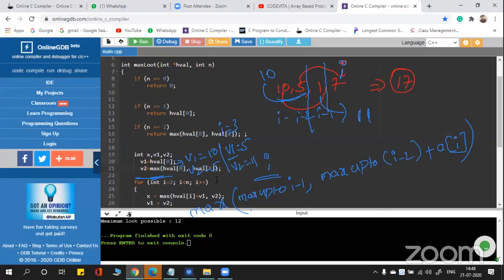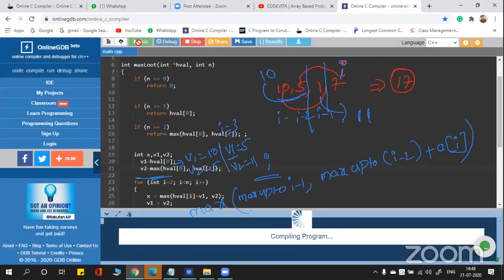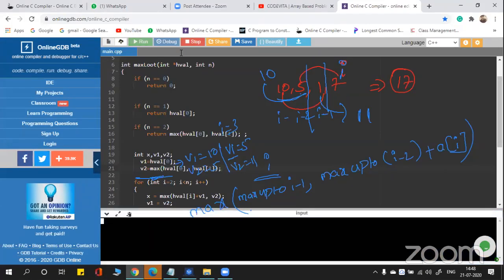So always maximum up to I minus 1 or maximum up to I minus 2 plus A of I. Maximum up to I minus 2 will be 10 and 5, maximum should be 10. If I execute for 1, 5, 10, 5, 1, 7, I'm getting an output of 17.